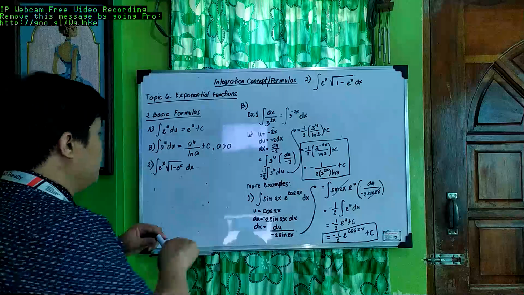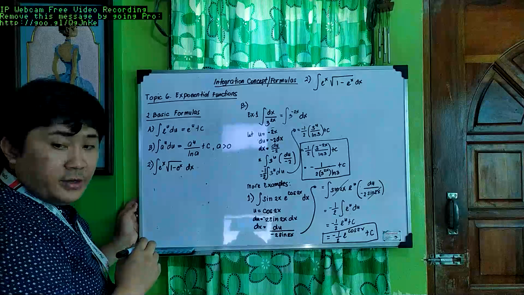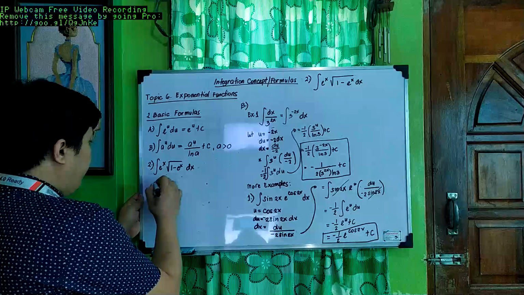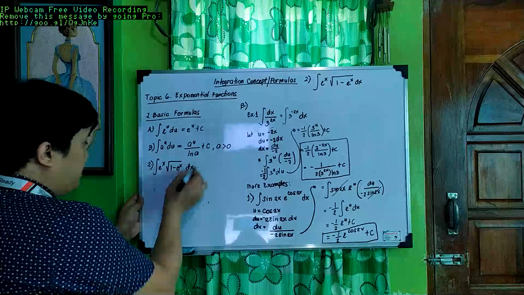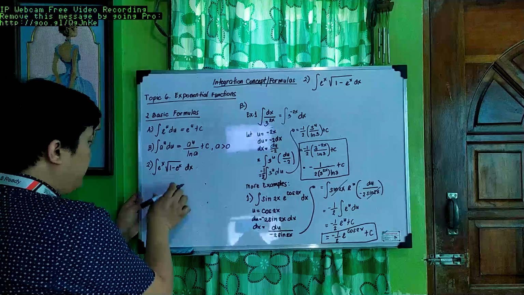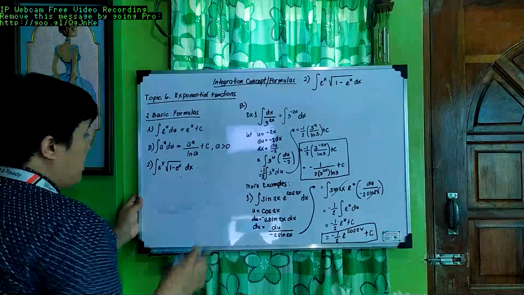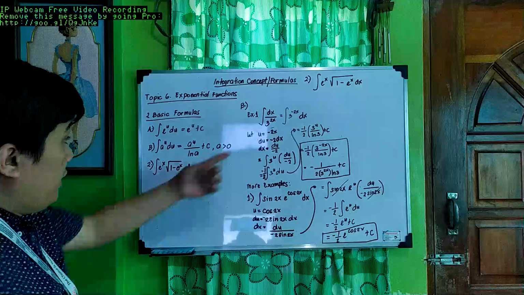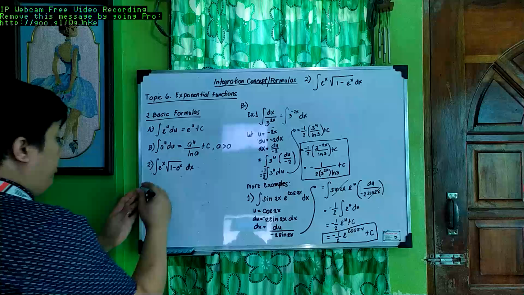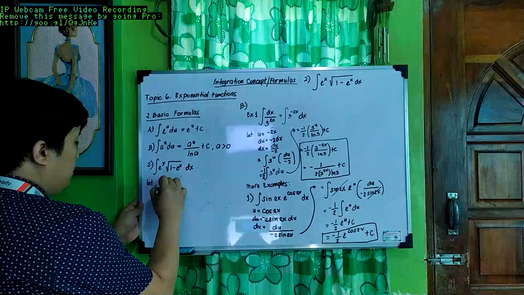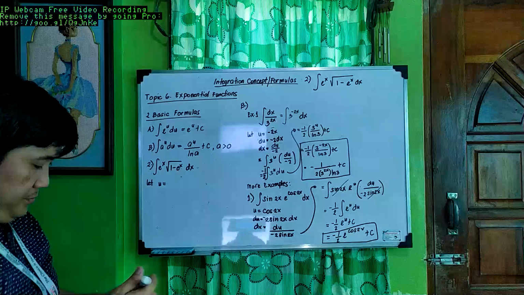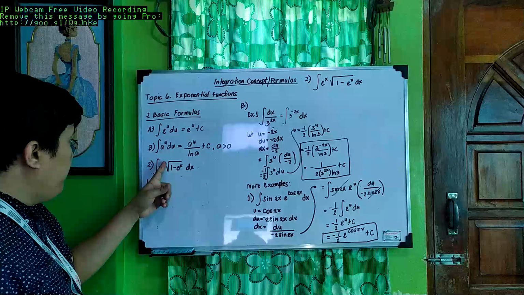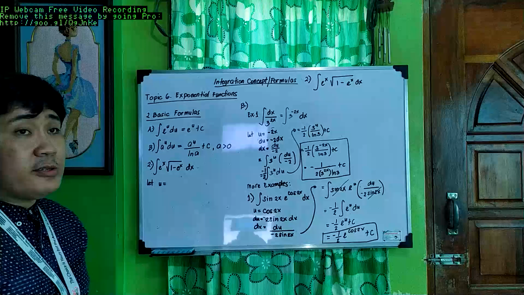Okay. So let's try to continue. So we have this given equation, we try to solve. From here, we need again to let the value of u. What will be your u? Is it e raised to the power of x or 1 minus e raised to the power of x?